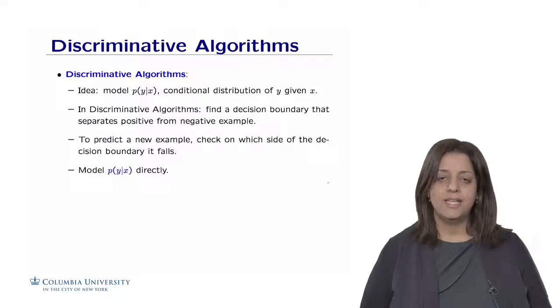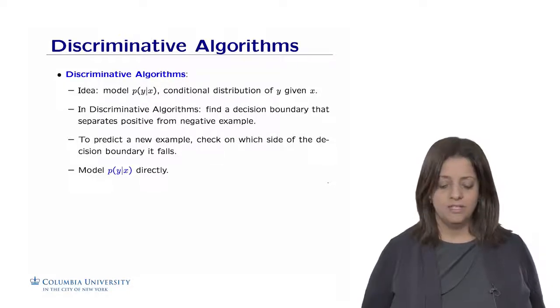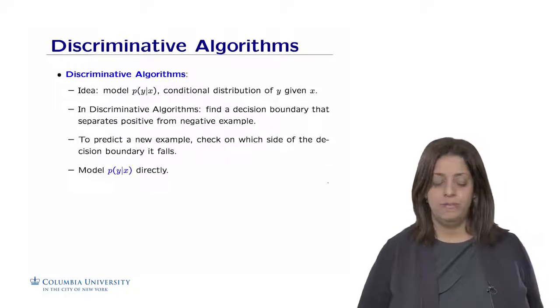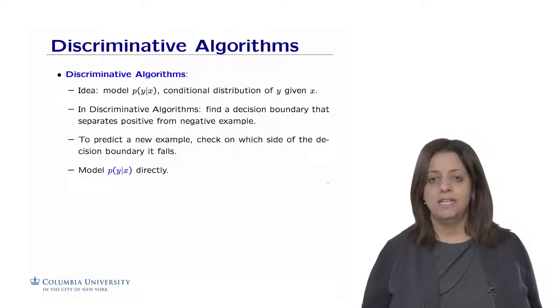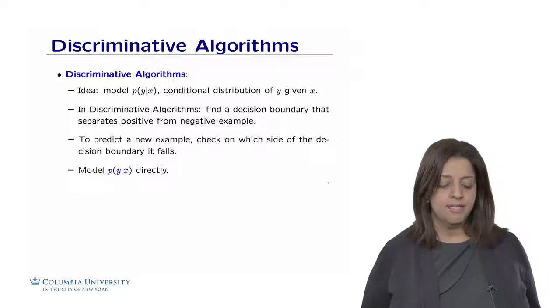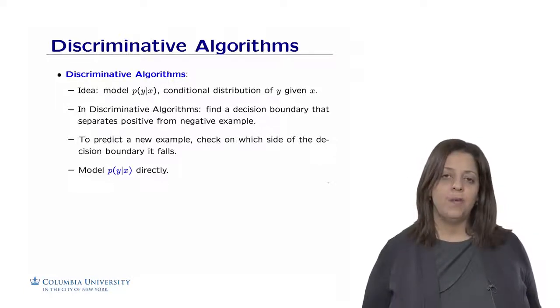To predict a new example, we check on which side of the decision boundary this data point is located when projected in the dimensional space. This helps us decide the label of the point. So what we are doing here implicitly is calculating the probability of y given x. This is what we are modeling by finding such a decision boundary.